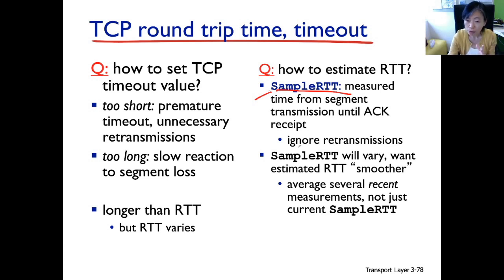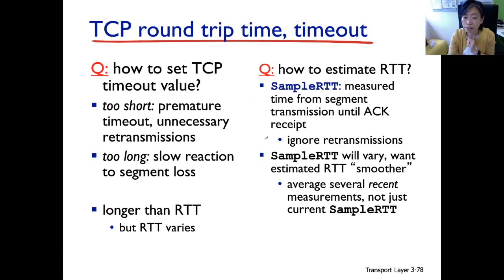But we will ignore the data-ACK pairs due to retransmission. Some of these data might get lost and therefore get retransmitted. When we receive an ACK for such data, it could be a bit confusing, right? What is the right data sending time to subtract in order to be sure that this is really estimating just the round trip time and not covering a premature timeout, things like that.